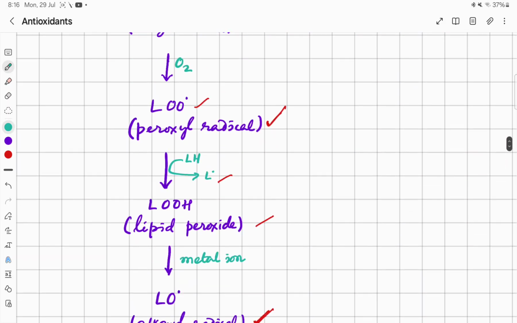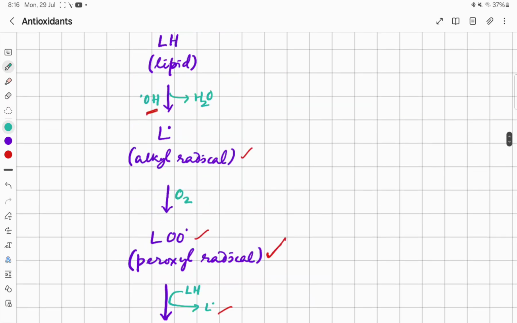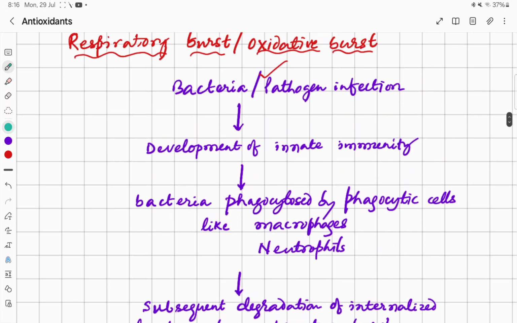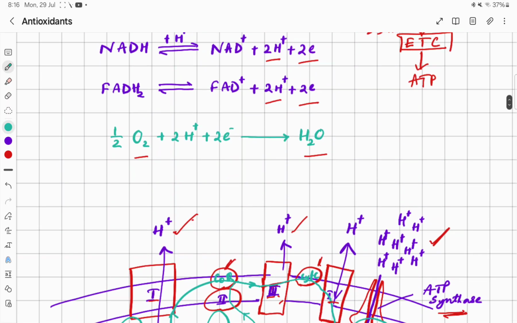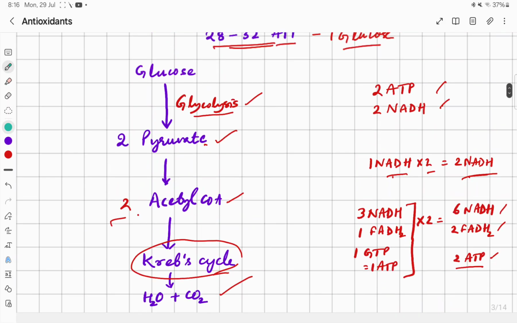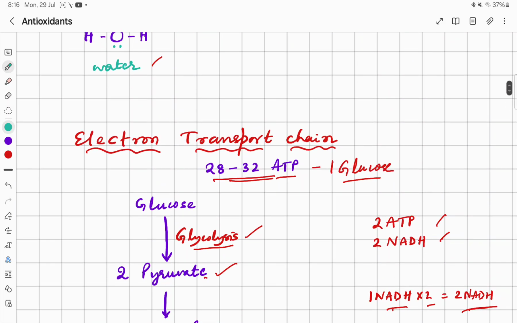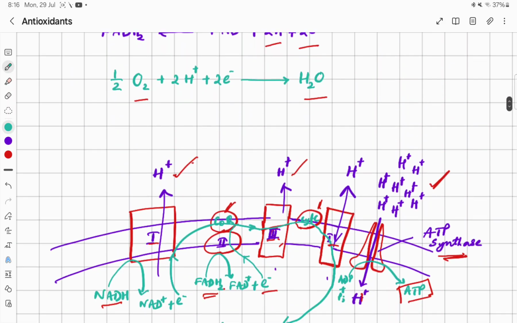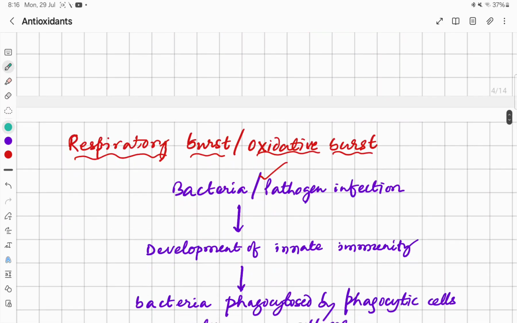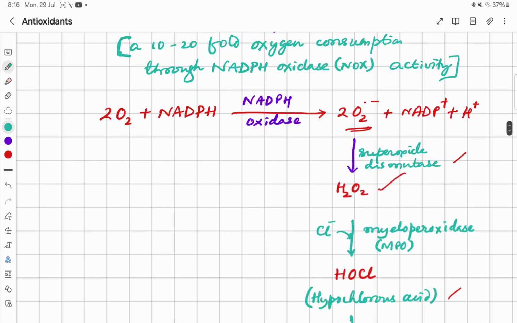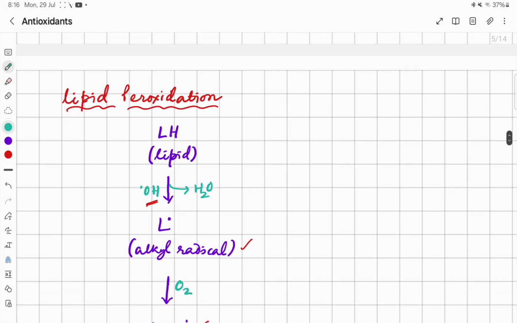Now there can be different ways in which these electron transfer reactions occur. One is the electron transport chain that we have already discussed, then respiratory burst or oxidative burst, then lipid peroxidation.